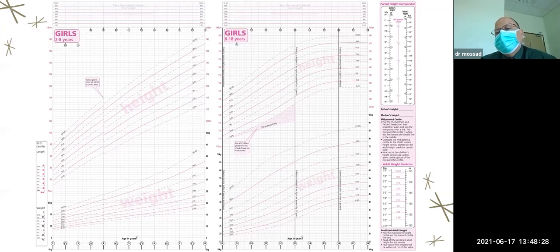The most important thing here is to be able to check the crossing centile. Suppose I am in the 10s and now come to 25 and then to 50 and go further, like that. If you are crossing more than 2 centiles, you must investigate.